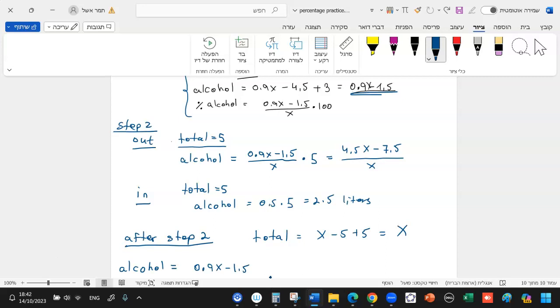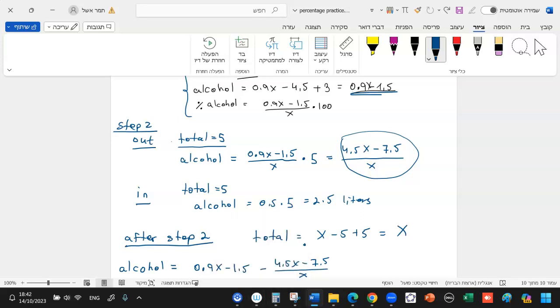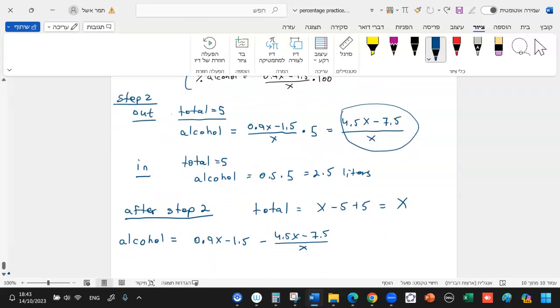What was taken out? We can see it here. This was taken out. Minus 4.5x minus 7.5 over x. And in was poured just 2.5.